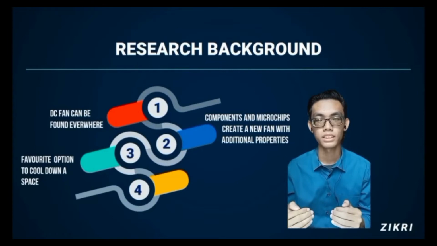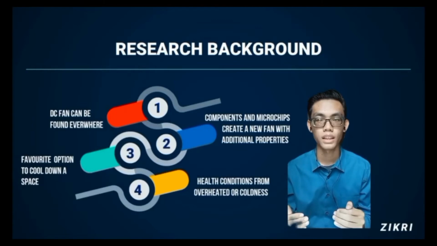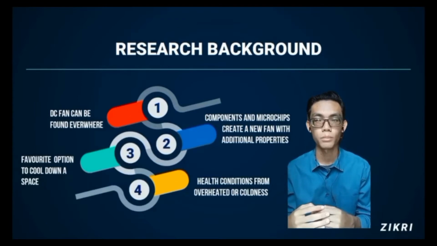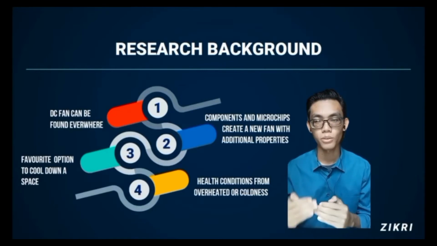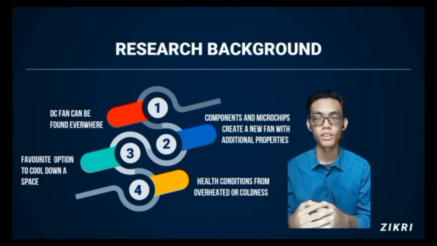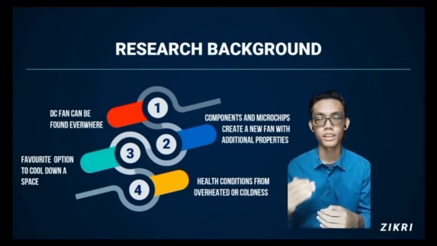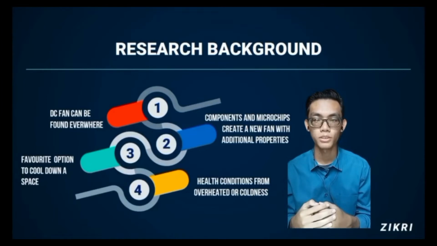In this research, it came to our concern that there are certain cases that risk health conditions, which come from overheating, and it is suggested that this problem can be solved by creating a DC fan that can regulate its own speed so that it can regulate the temperature of the room effortlessly and automatically, which can also be beneficial to everyone.